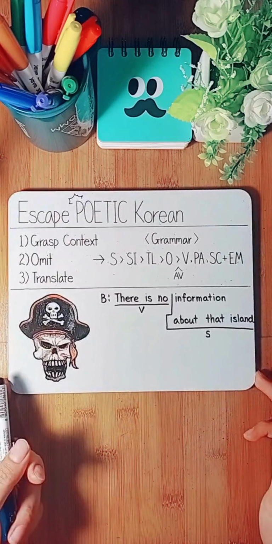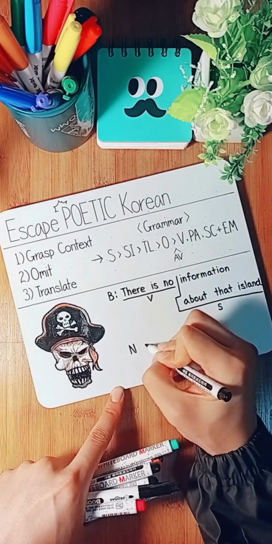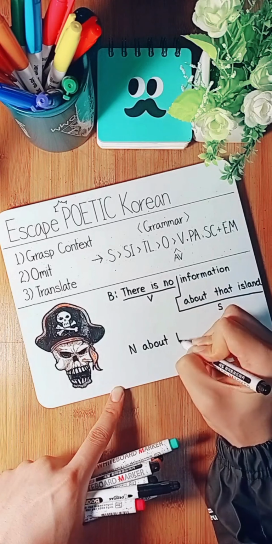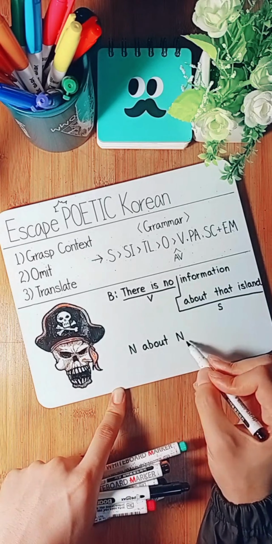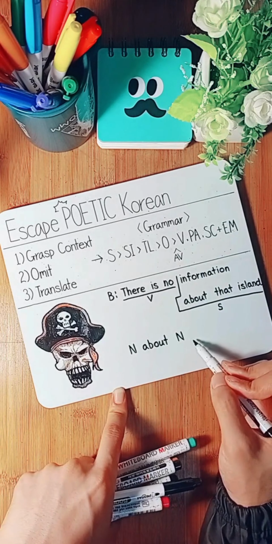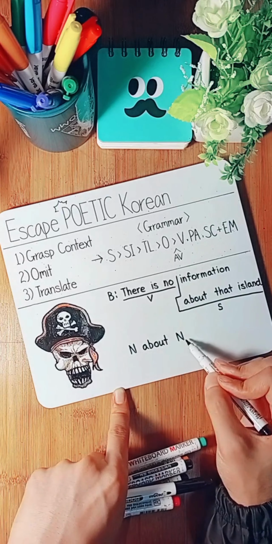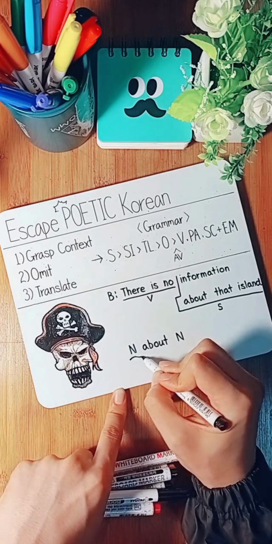Now, why is that? Because when you're placing about in between two nouns, then do not separate them. If you're placing about in between two nouns, for example, it's a book about religion, or it's a movie about music, they stay together.